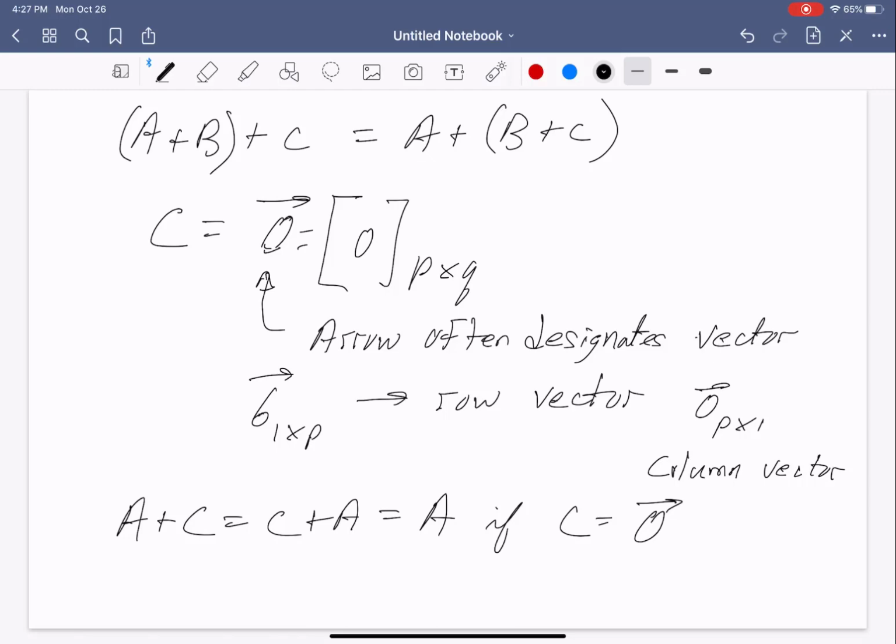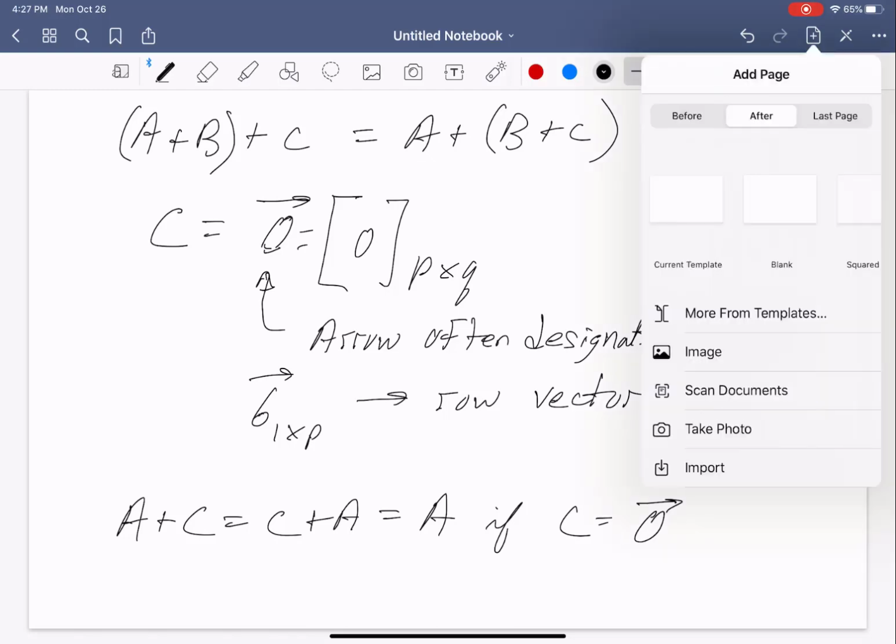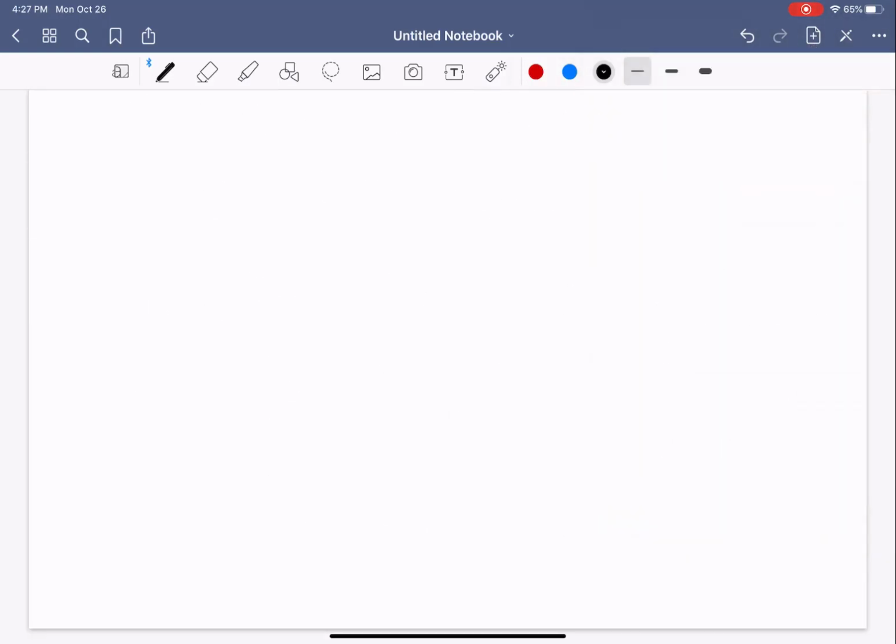Okay, what about scalar multiplication? Scalar multiplication is where we multiply all of the elements in a matrix by a scalar.